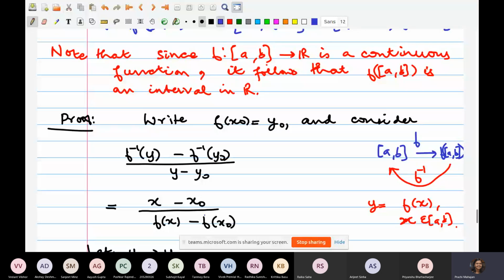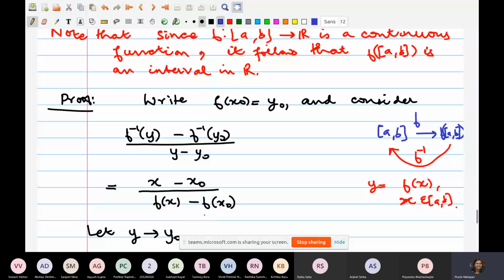We are required to look at the following difference quotient: f inverse of y minus f inverse of y naught, divided by y minus y naught. Now, f and f inverse are both bijections, so each point y in the range of f corresponds to a unique x in the interval (a, b) which is mapped to y via f.